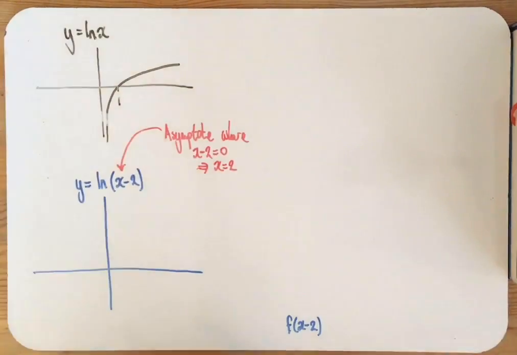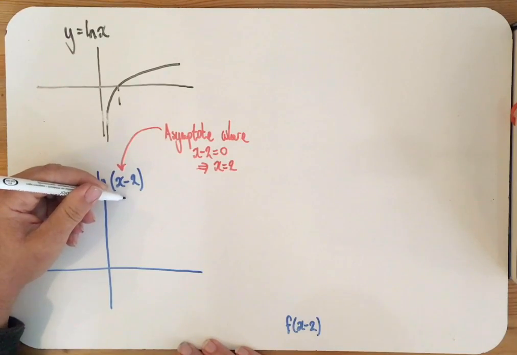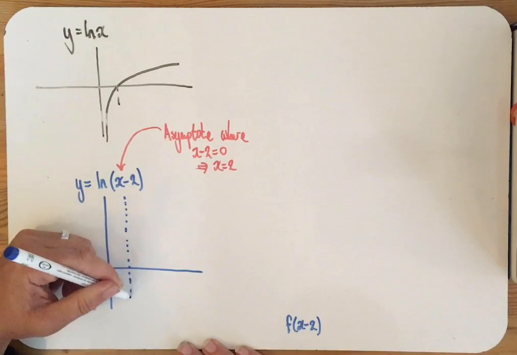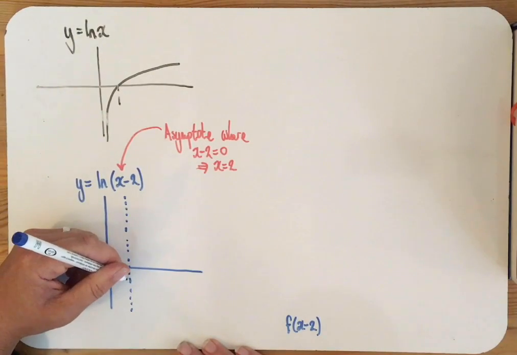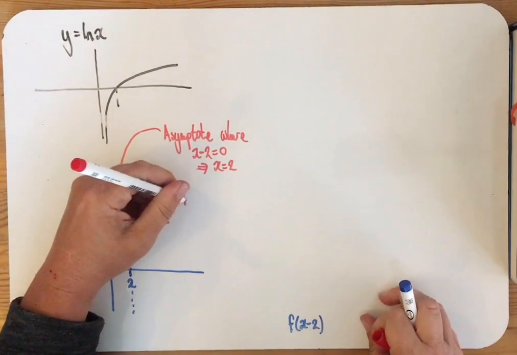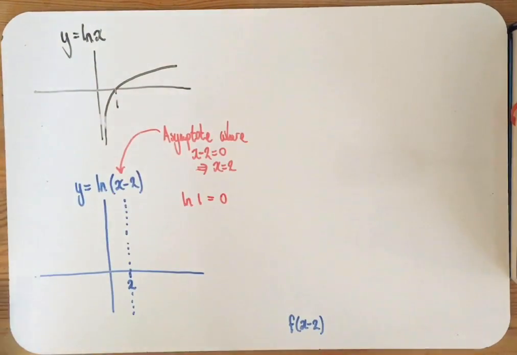But you know that from your transformations, so you can just pick it up and move it to the right by 2. And then you can just pick up your x-axis intercept and move it to the right by 2. So that's kind of quicker. But we also know that ln of 1 is equal to 0.